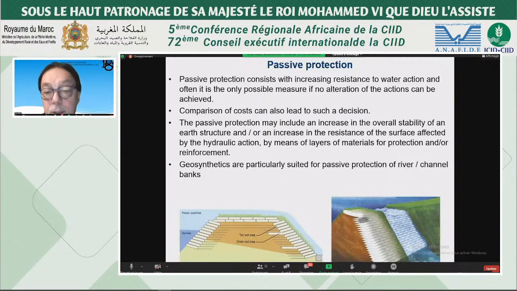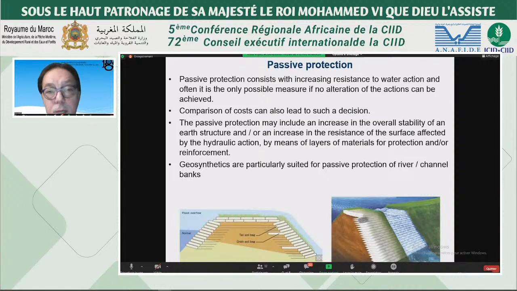La première voie pour la protection des voies d'eau consiste à renforcer la résistance à l'action de l'eau, en comparaison avec les coûts qui provoquent cette décision.